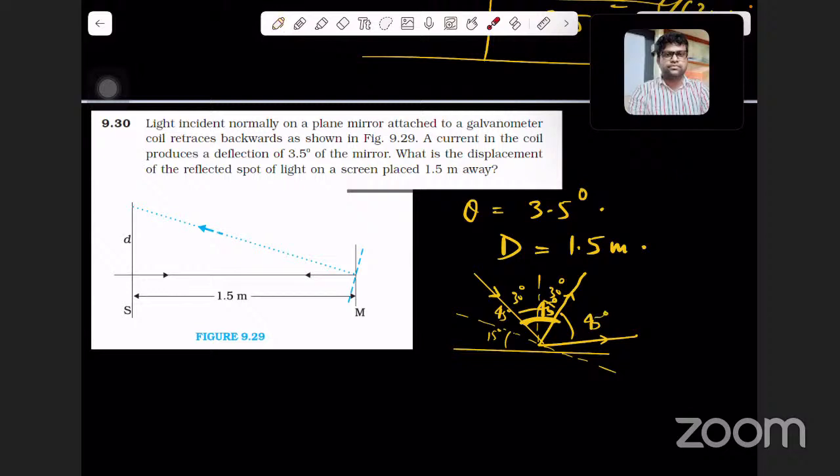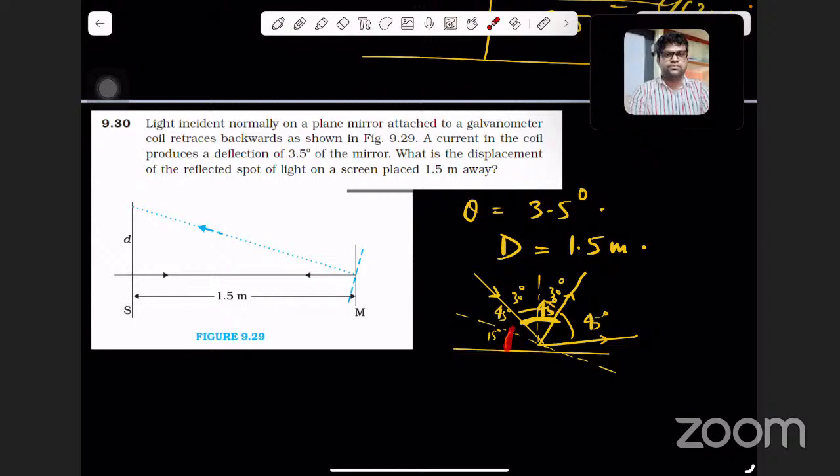And if this is 45 and this is 30, the total angle is 60 degrees.